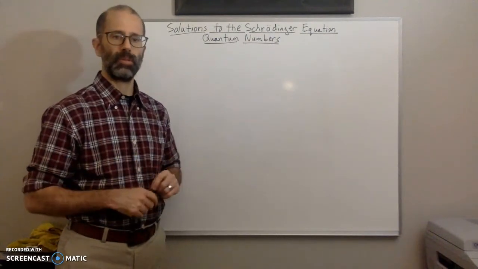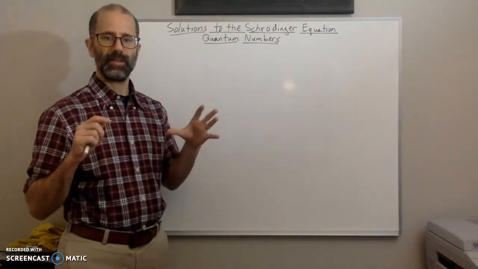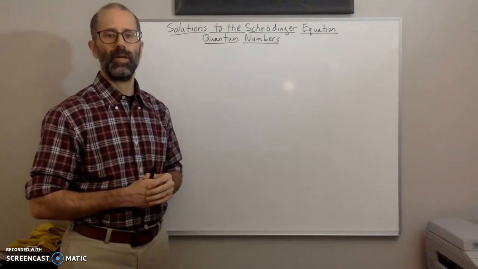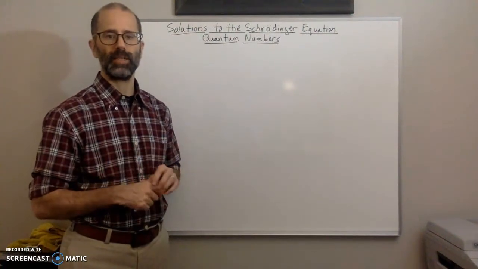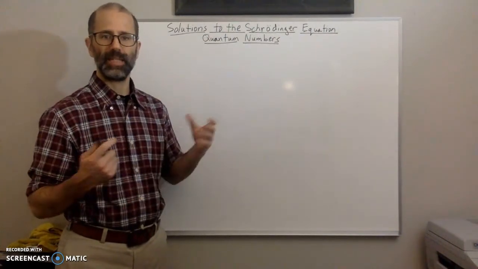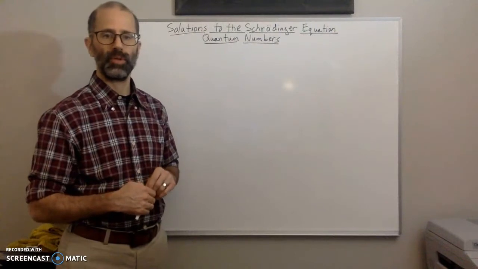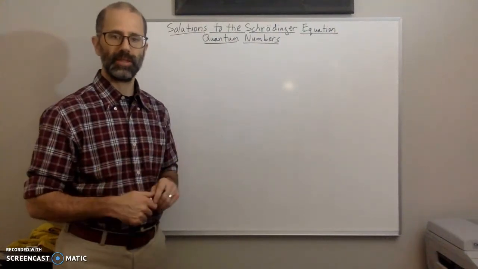Three of the quantum numbers describe the orbital itself, that probability map of where the electron is most likely to be 99% or 90% of the time. And then a fourth quantum number is going to describe the electron itself.